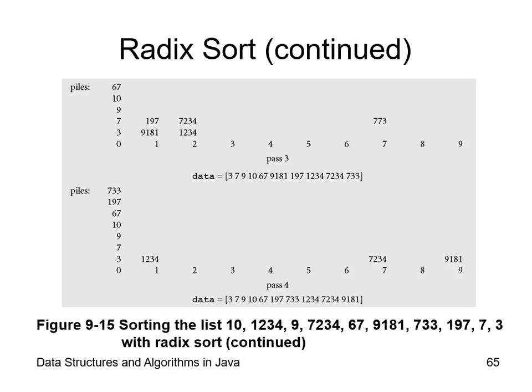Good. And then after that, we take these out in the order of the queue. First in, first out. 3, 7, 9, 10, 67, 9181 and then 197, 1234, 7234, and then 733. Understand? And you can see that the last 3 digits together are already solved.